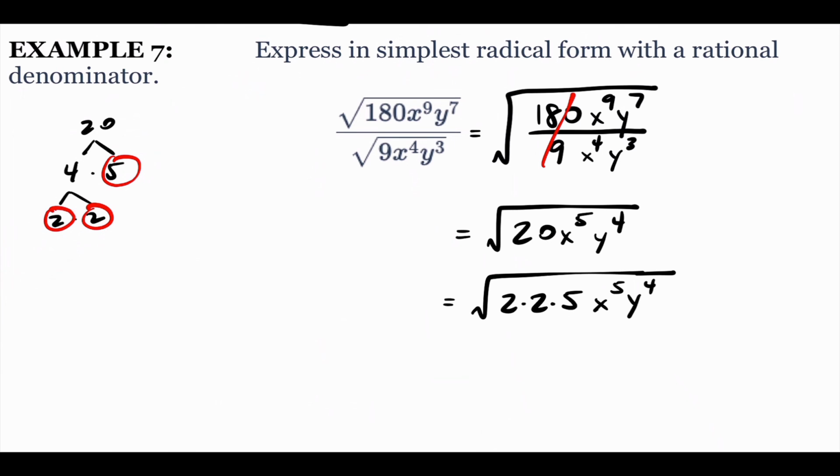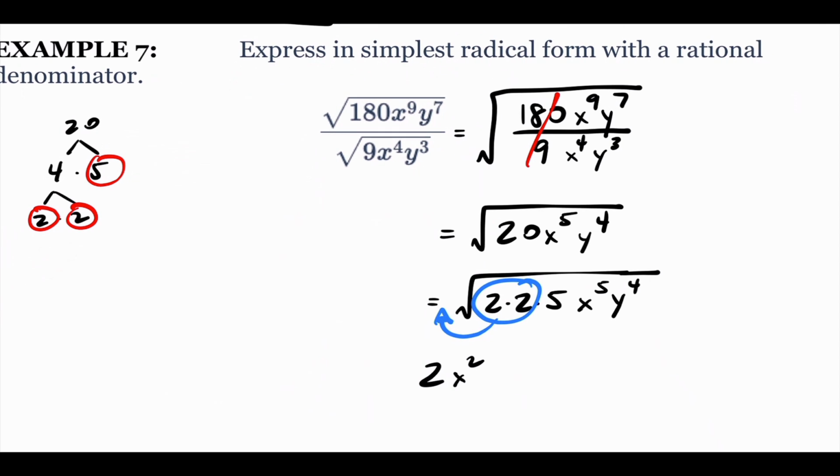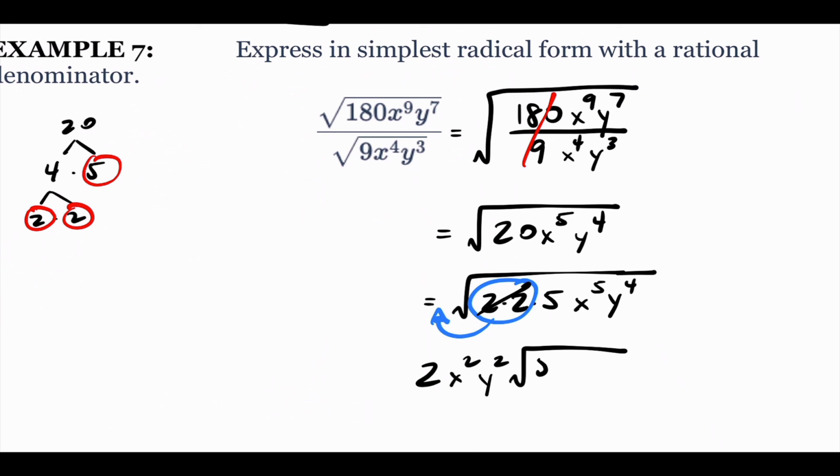Look for pairs. I have 2 that can come out. How many pairs of x? 2, right? X squared. How many pairs for y? 2 again, yeah. What's left over? I got a 5 and an x. Y is done because I took them all out.